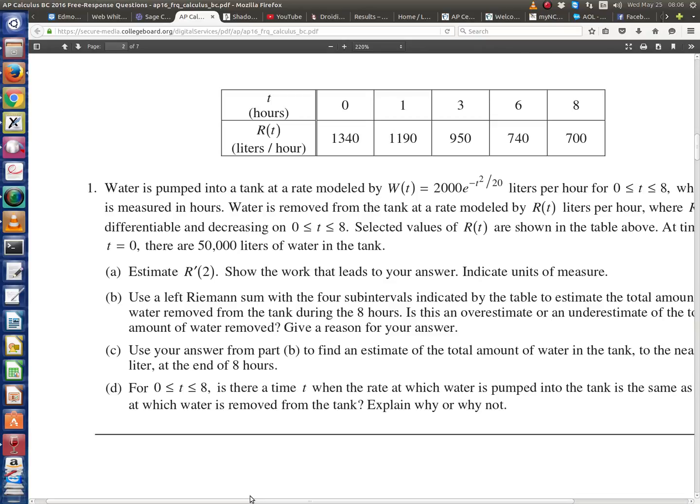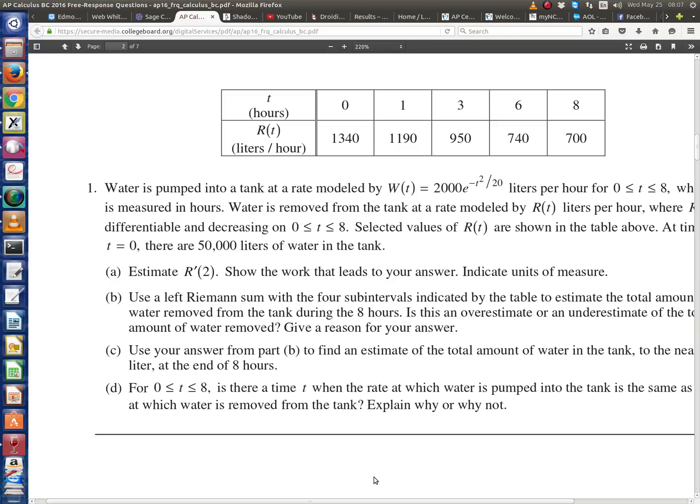All right, so when is W of t equal to R of t? When W minus R is 0, right? So think about it. Is there a maximum value you can name for W minus R? No? See, W is decreasing and R is decreasing on this entire domain from 0 to 8 hours, right?